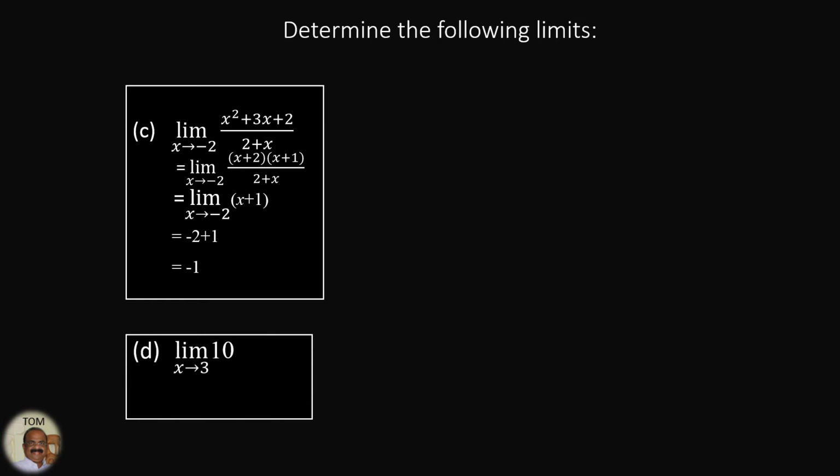Look at this question. Limit of 10, x approaches 3. What is the limit of 10? That is f(x) equal to 10 or y equal to 10. Now the answer is 10. What is that? Look at the graph. The line y equal to 10 is a horizontal line, parallel to the x-axis.